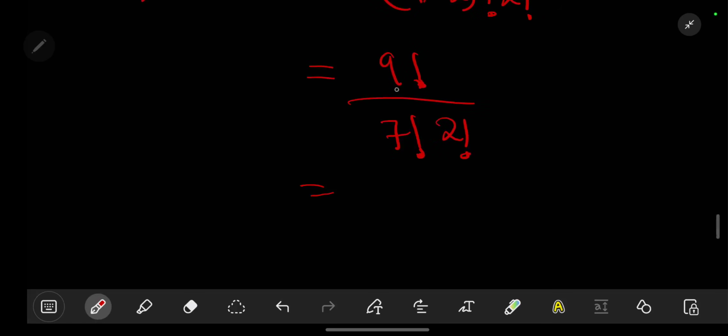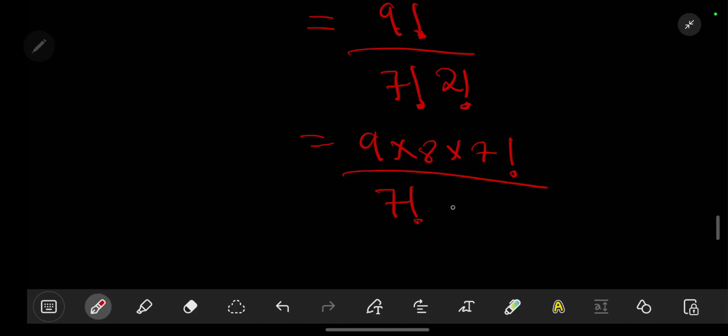Then since 7 is here, we are going to multiply until we reach 7. So we have 9 times 8 times 7 factorial over 7 factorial times our 2 factorial, which you can just write as 7 factorial 2 factorial.